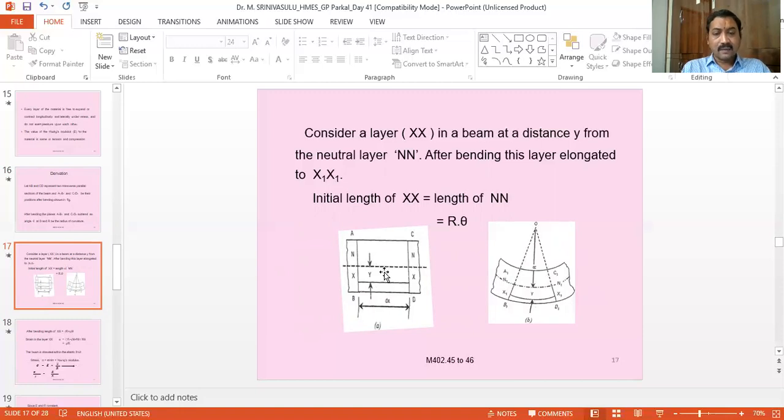That's why it is called a neutral axis. And here now we are considering a small strip XX, which is at a distance of y from the neutral axis.